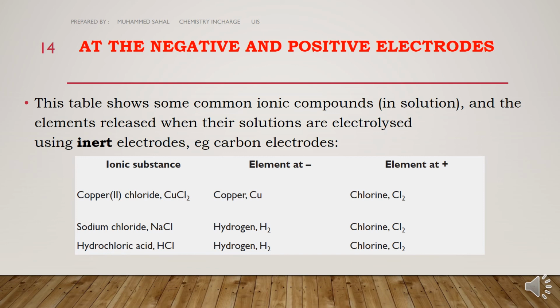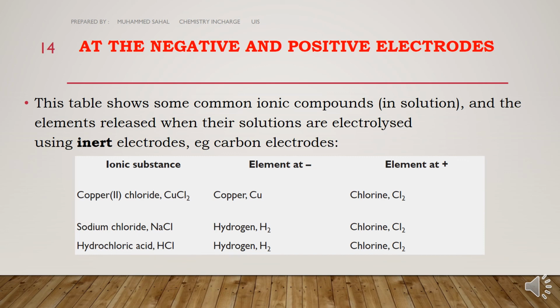Next example, sodium chloride. Sodium is more reactive than hydrogen, so sodium will stay in the solution. Hydrogen is deposited at the negative electrode. Chlorine is released at the positive electrode. Hydrochloric acid gives hydrogen at the negative electrode and chlorine at the positive electrode.